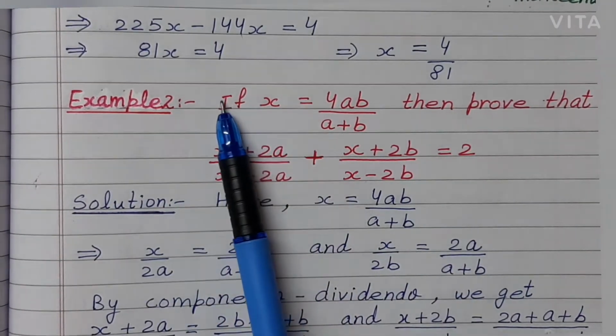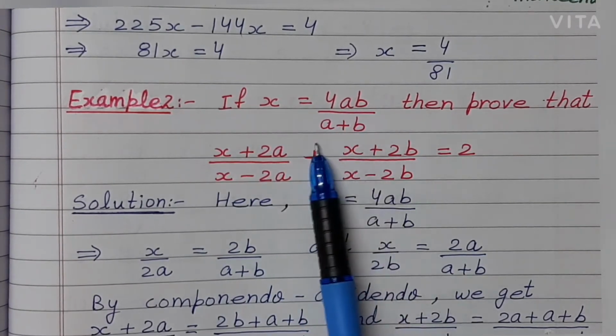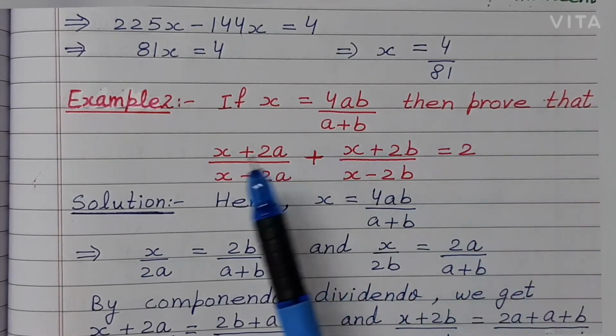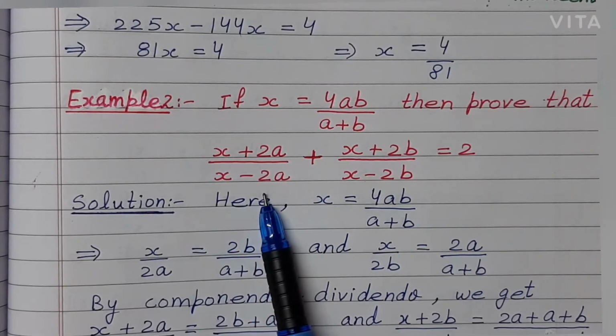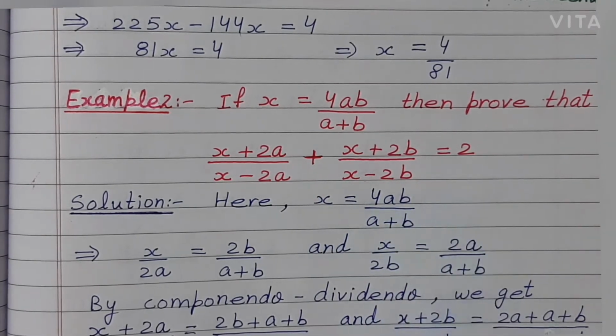Here, if x equal to 4ab upon a plus b, then prove that (x plus 2a) upon (x minus 2a) plus (x plus 2b) upon (x minus 2b) is equal to 2.